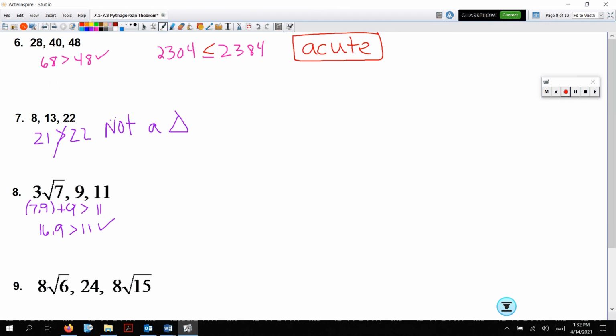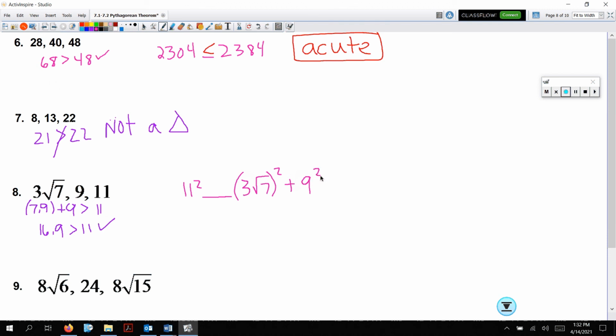Now we're going to plug in the numbers that are given to us. So c is 11. I'm comparing that to a squared plus b squared.